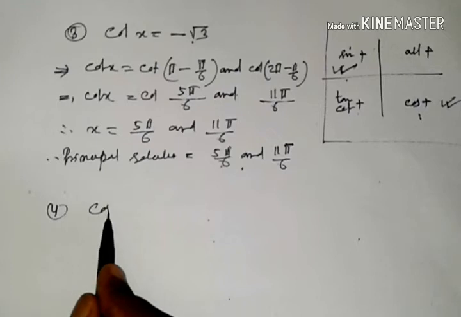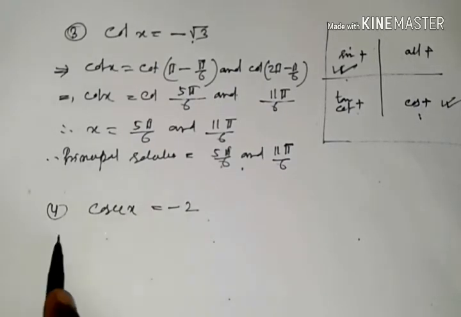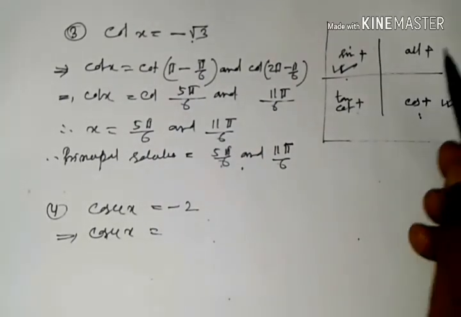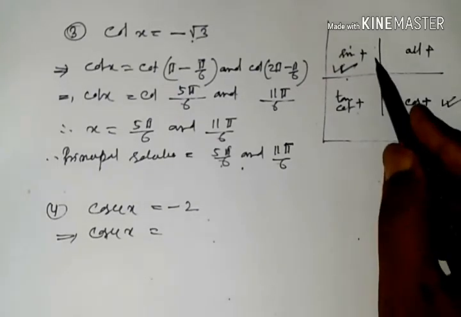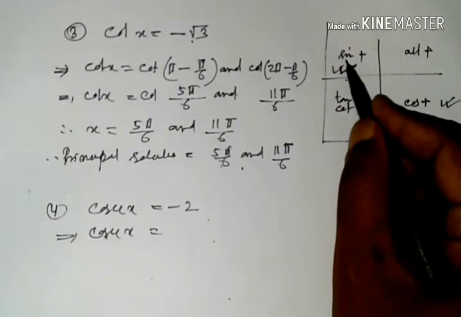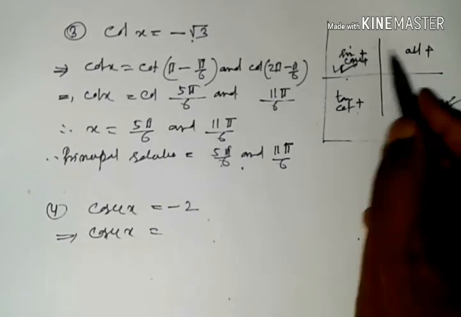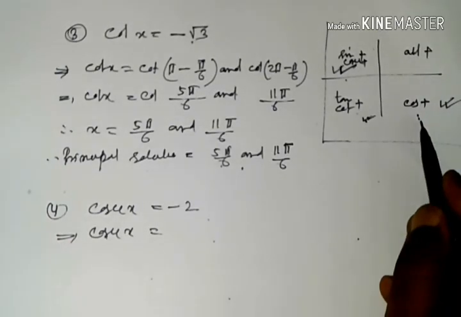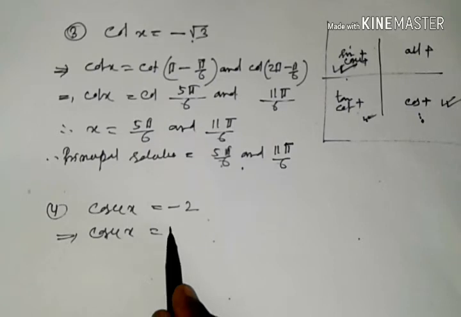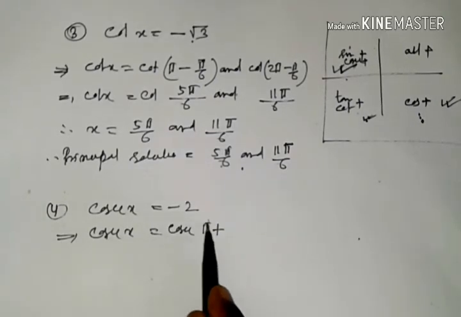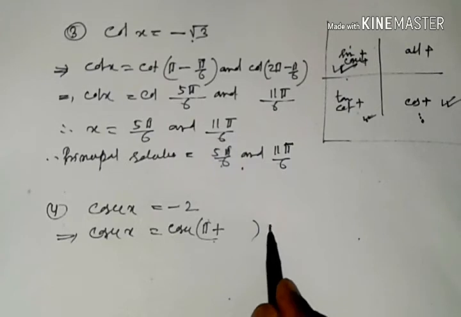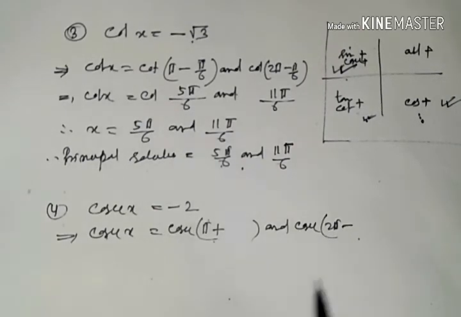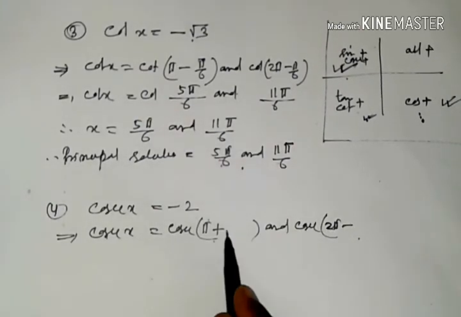The fourth problem, question number 4: cosec x is equal to minus 2. Cosec x is negative. Using All Sin Tan Cos, cosec x is positive in the first and second quadrants and negative in the third and fourth quadrants. For the third quadrant it is pi plus this angle, and for the fourth quadrant it is 2 pi minus this angle.